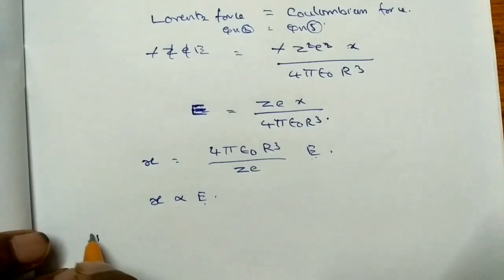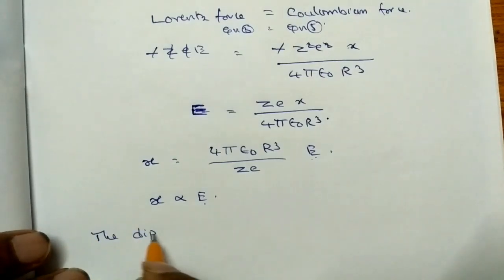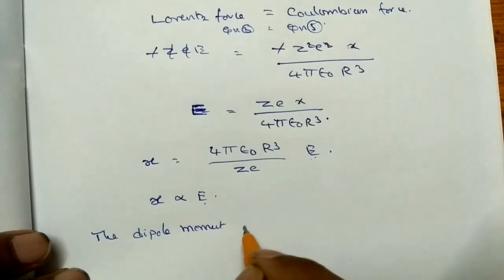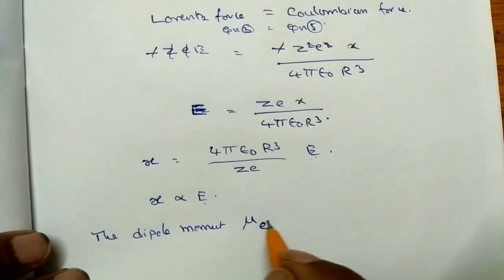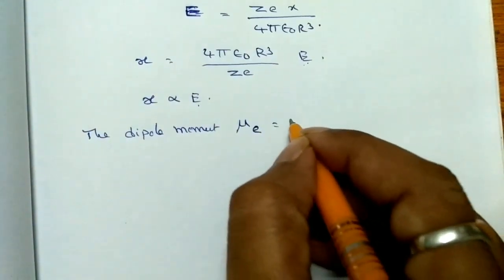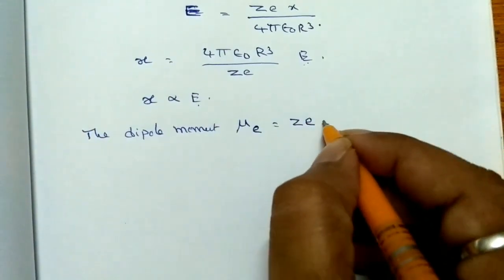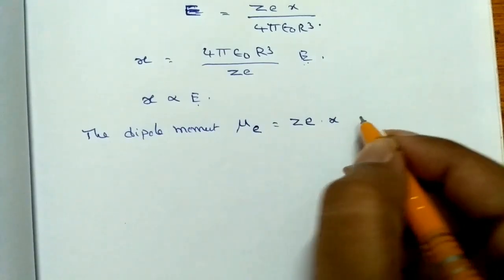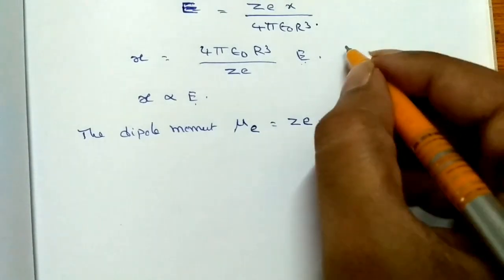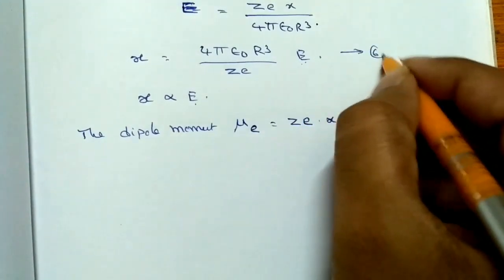Now the dipole moment. Due to electrons, mu e is equal to charge into displacement, that means Ze into x. This is equation 6.